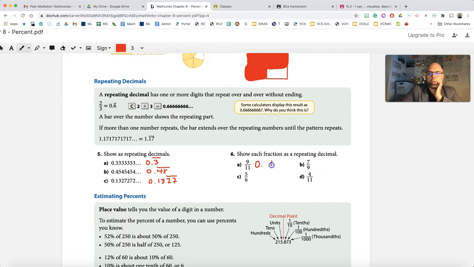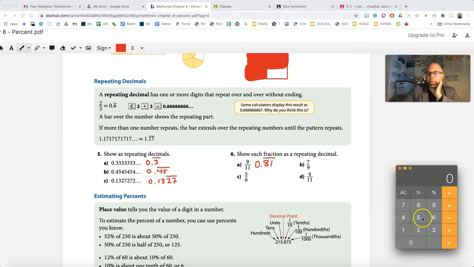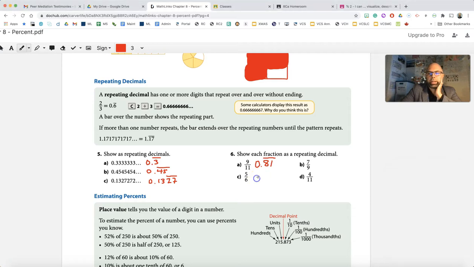We could try the same thing with 5 over 6. 5 divided by 6 equals 0.83 repeating. Now, careful with this one, because in this case, it's not the 8 that repeats, it's just the 3. So we just want to put the bar over the 3.